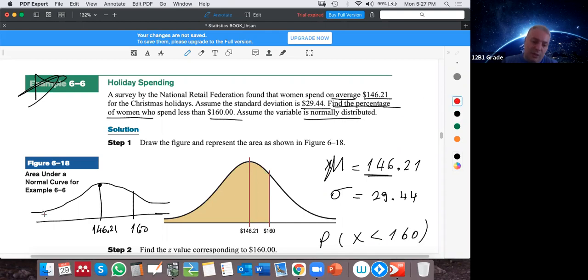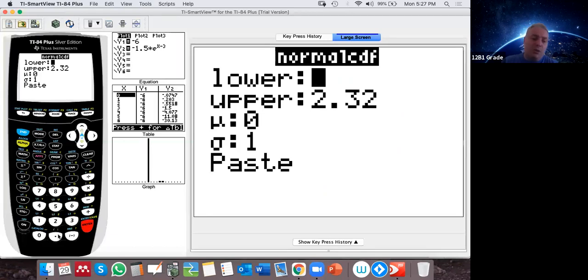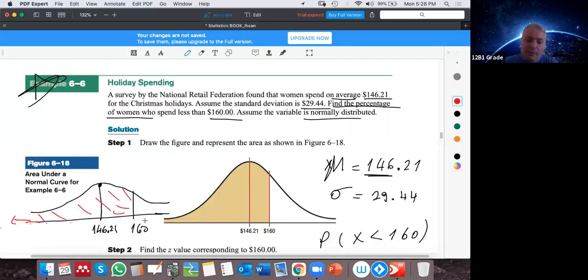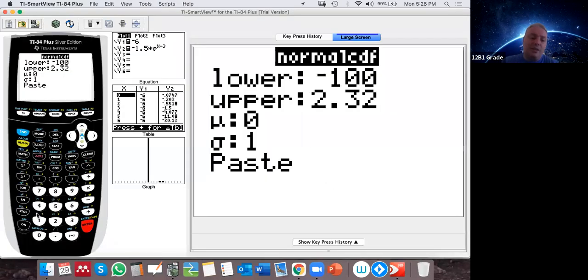The question is, what is the probability that something is less than 160? So what am I going to do? For this lower bound, you know that it goes to negative infinity. So 14, 13, 12, 10, negative 100, negative 10, whatever. So I will choose the lower bound, as a general concept, negative 100. I always take negative 100. The upper bound is this number, 160.